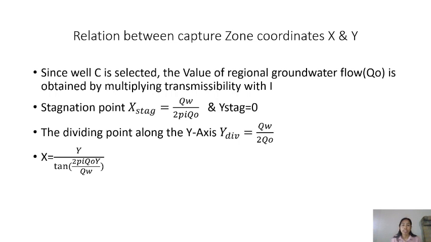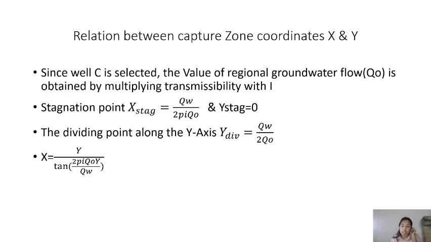This is found using the formula Qw by 2 pi Q naught, and for that y stag is taken as 0. The dividing point along the y axis is the maximum y of the catchment zone.